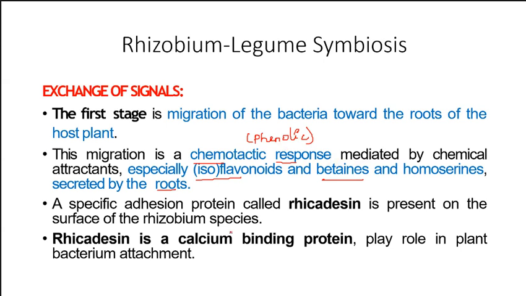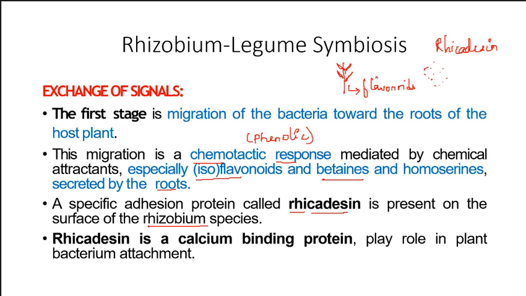Okay. Now these rhizobium also have a specific kind of protein named rhicadhesin, which is present on the rhizobium species. And the leguminous plant also releases some kind of attractant known as flavonoids, which are phenolic attractants.